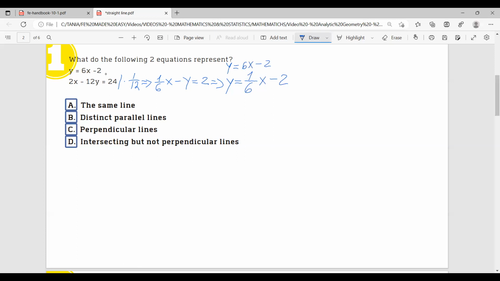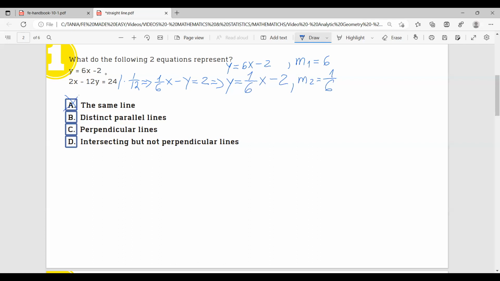We can see that in the first equation, m1, the slope, equals 6, and in the second equation, m2 equals 1 over 6. So first of all, we can see right away these two equations are not the same because the slopes are different, even though we have the same y-intercept, minus 2. These equations are not the same, so we're just going to cross this out.